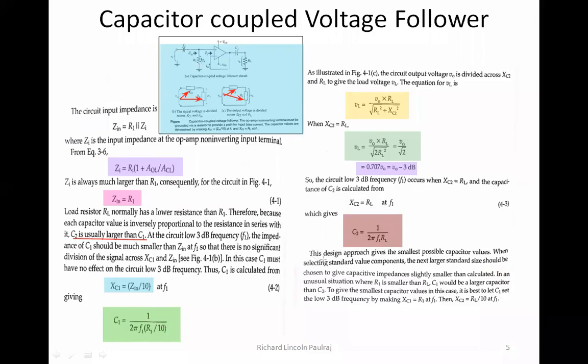Okay, so this design approach gives the smallest possible capacitor values when selecting standard value components. The next higher standard size should be chosen to give capacitive impedance slightly higher than calculated. So usually, while taking the resistors, we used to take not the exact calculated value but some different value, whichever is standard.